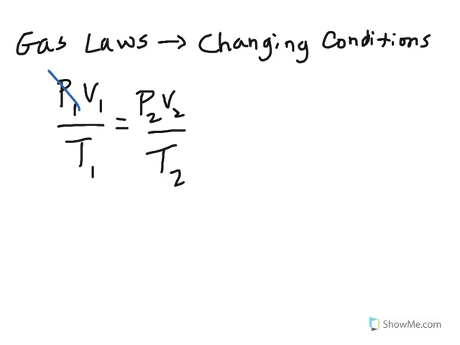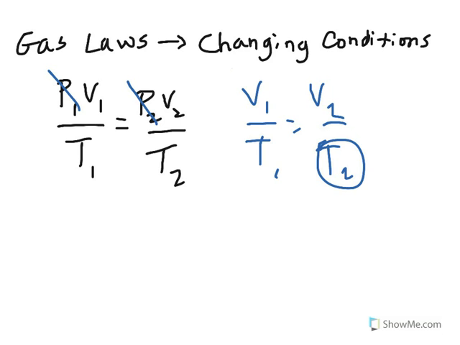If pressure has to remain the same, then I just eliminate pressure from this formula, and I end up with V1 over T1 equals V2 over T2, and I've got Charles' law. And I just treat it that way. I plug in the things I know, and there's going to be one thing, like temperature 2, that I have to solve for, and I can cross multiply to make that happen. So that's another option.